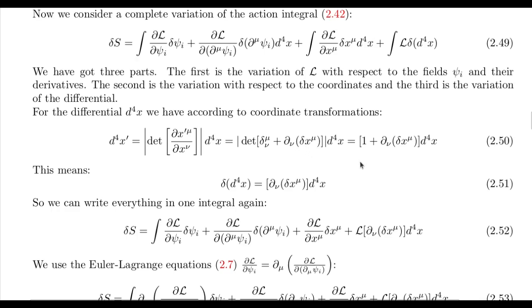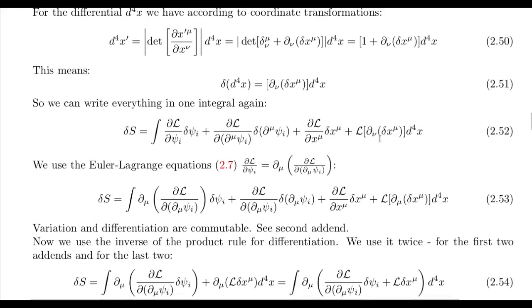And then we can easily write 1 plus d mu delta x mu d4x. And for the change in the differential delta d4x, then we have here this second part. That means d mu delta x mu and the old d4x here, 251.